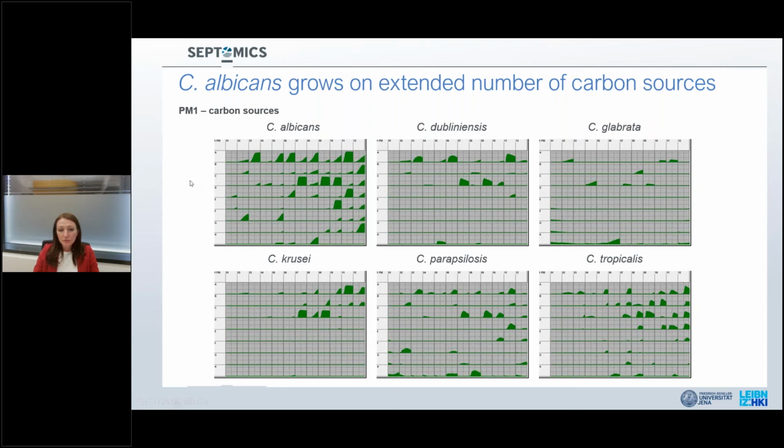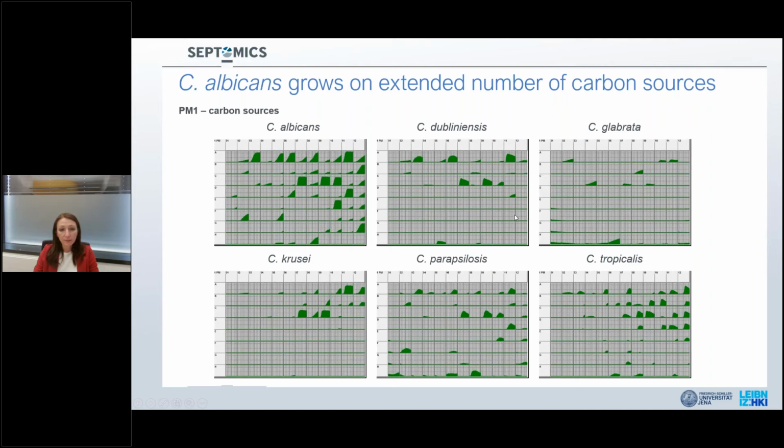Most of this was basically validation of previous observations by various groups that, for example, Candida albicans is very fit in utilizing a variety of alternative and primary carbon sources. You can appreciate the difference in variety and robustness of utilization of various carbon sources by Candida albicans compared to the other Candida species.